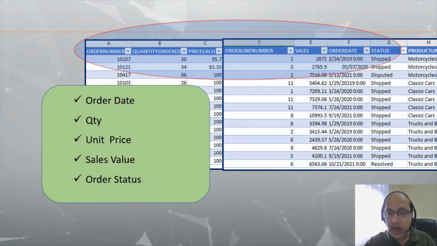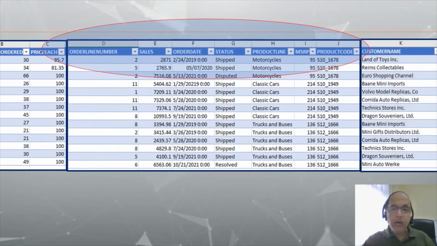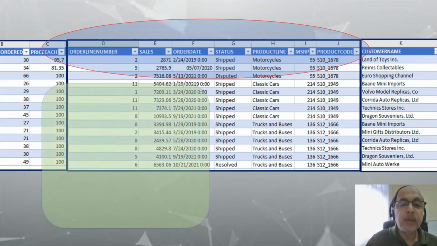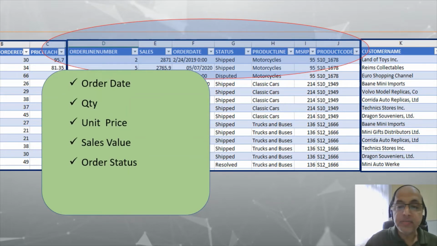Let's look at other fields. Look at some more fields. If you look at this section, some of these fields we already identified, which are here.